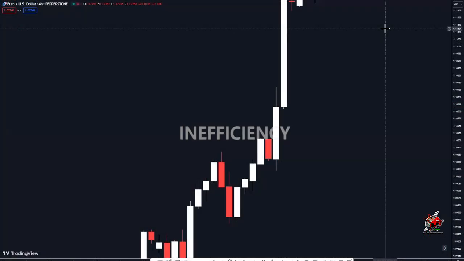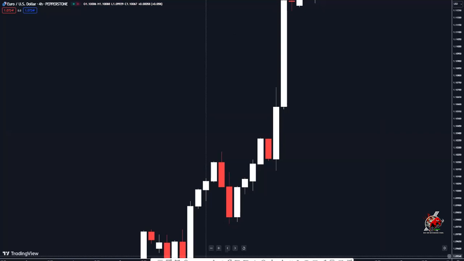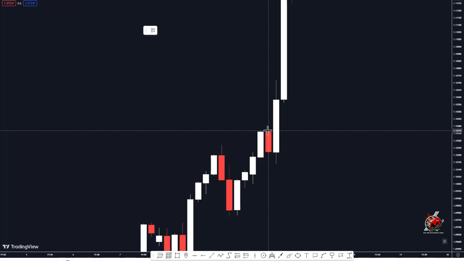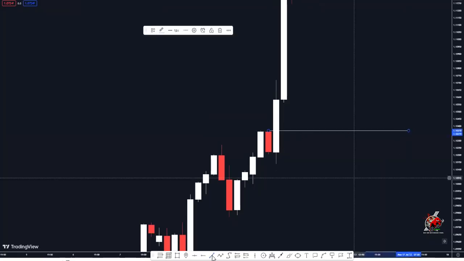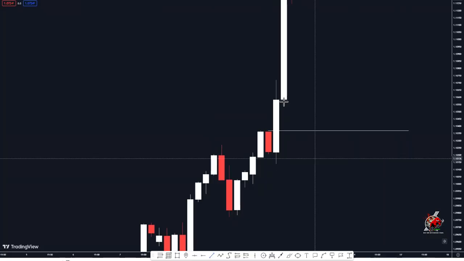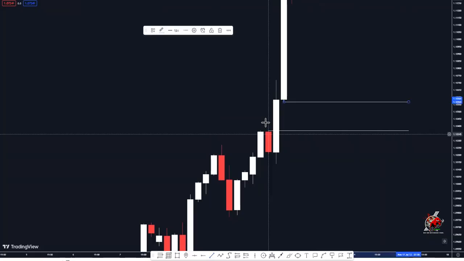Now let's proceed to our bullish example. As we can already identify here, we have our order block. We take our week, week to week, to see if there's any imbalance. We can already identify an imbalance right here.